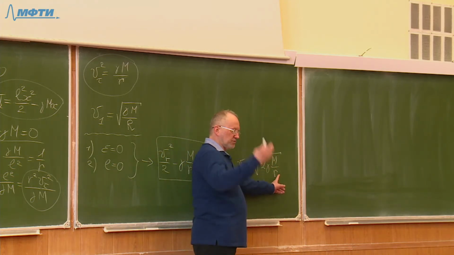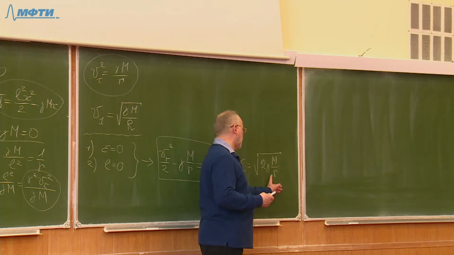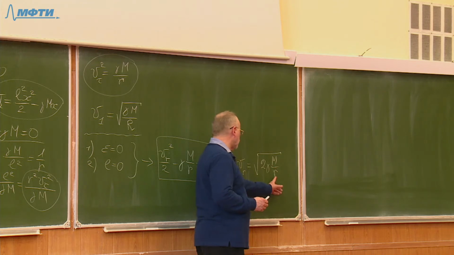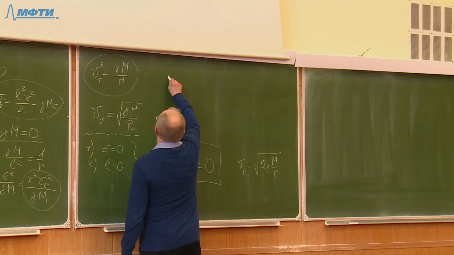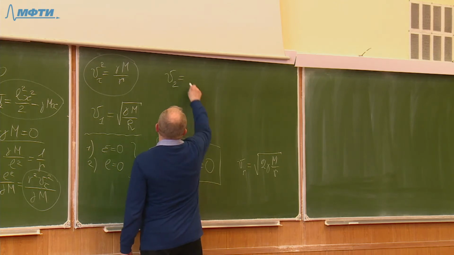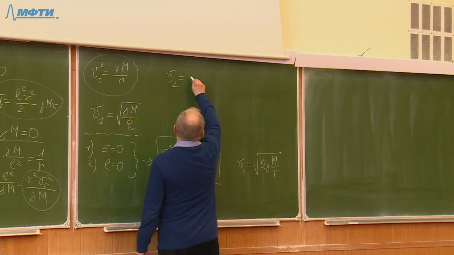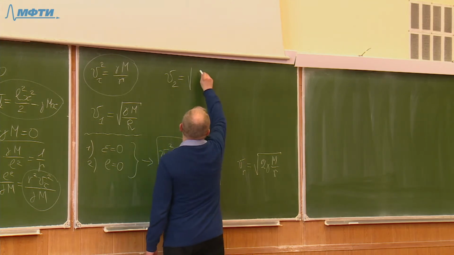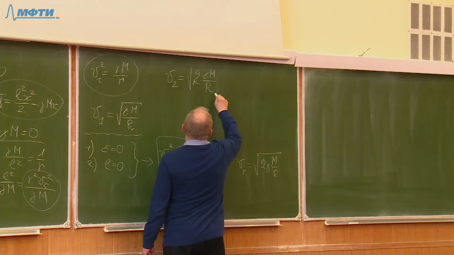So if the spaceship is on the surface of the planet, then this small r will become the radius of the planet Earth. And that radial velocity will become the second space velocity, or escape velocity, given by the square root of 2 gamma capital M divided by the radius of Earth.